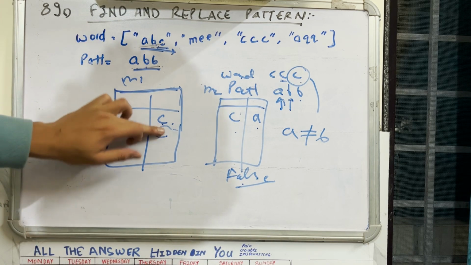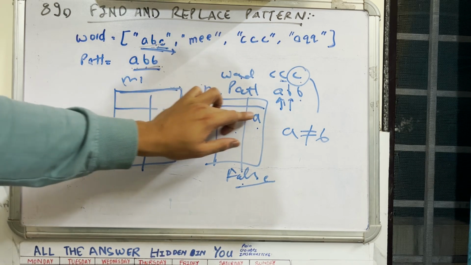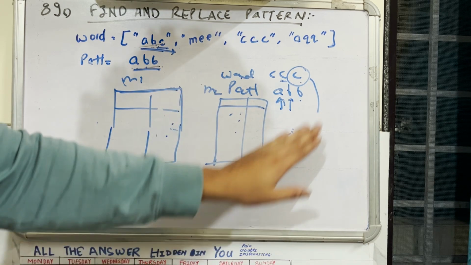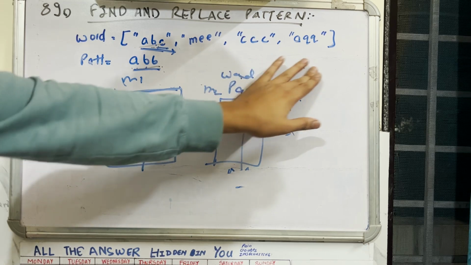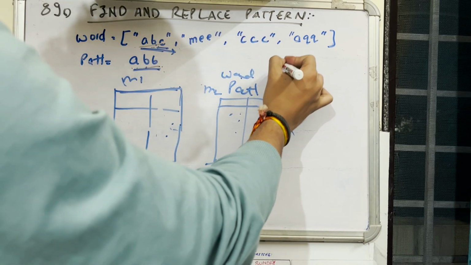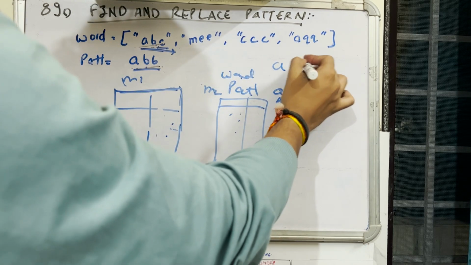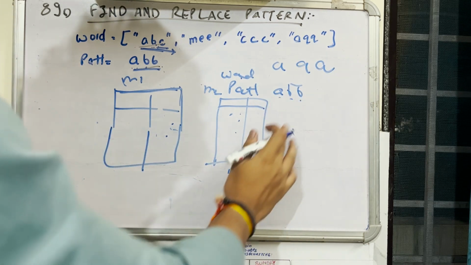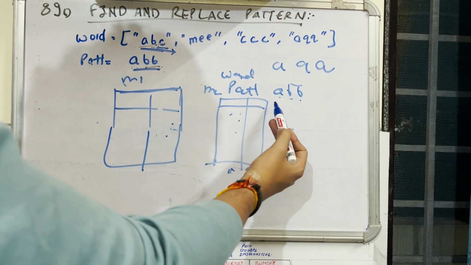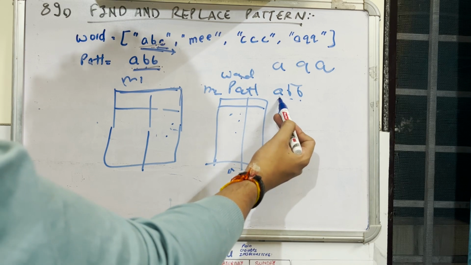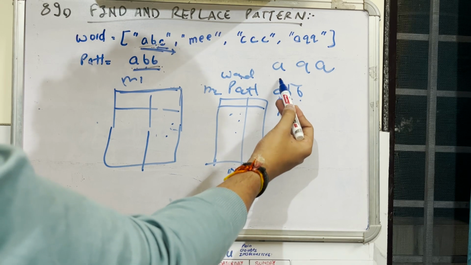Now let me give you a correct example which will pass the test case. The example is AQQ. As you can see, in the first map you'll match the pattern's value.